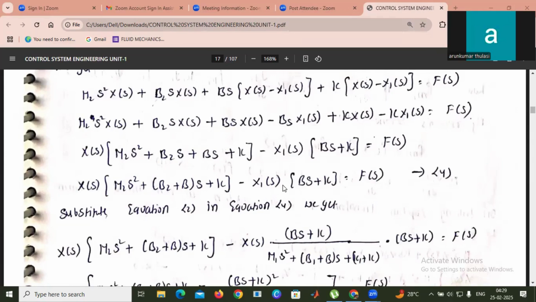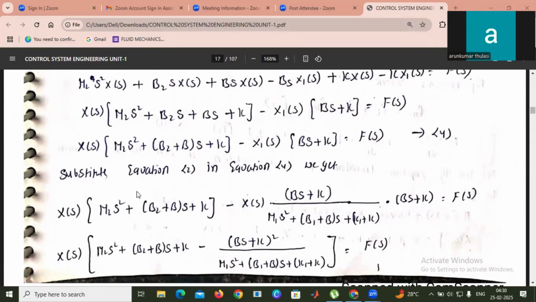We have to eliminate the x1 of s term because we need to find the transfer function, which is given by x of s by f of s. That's why I'm going to substitute equation 2 in equation 4. In the place of x1 of s, I substitute that whole term, and the equation becomes like this.